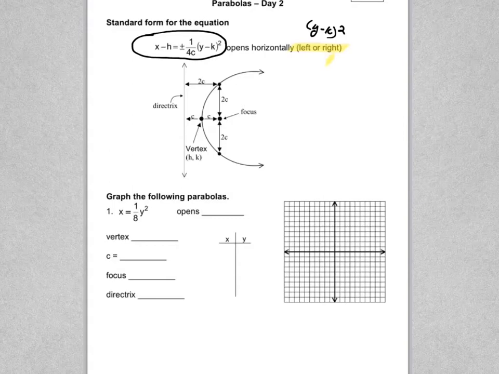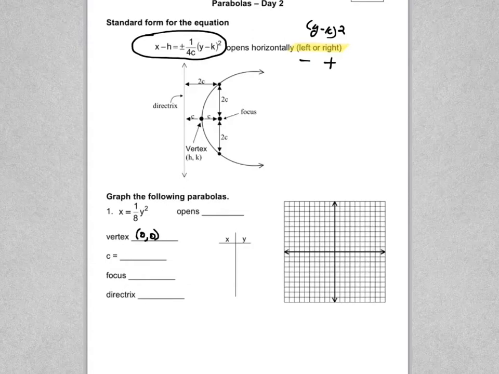Plus is right and minus will be left. So you have to remember that too, and that's something you need to put on your card as we develop that. So looking at this first example, we'll go through it. There is nothing there for both the x or y, so it has a vertex at the origin.